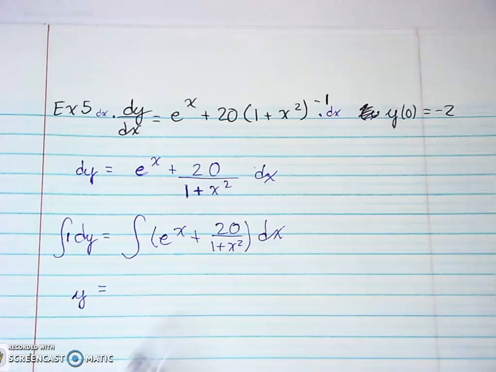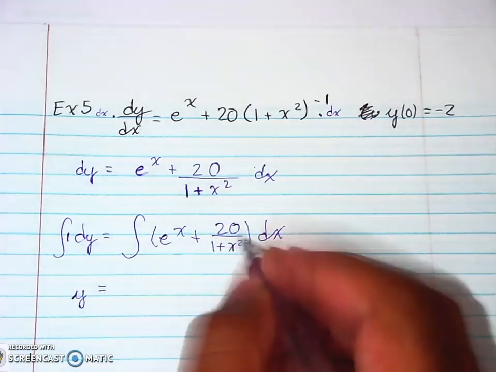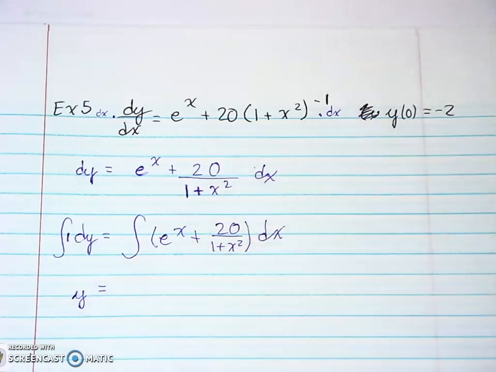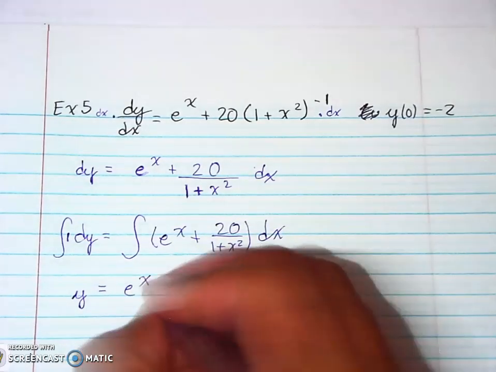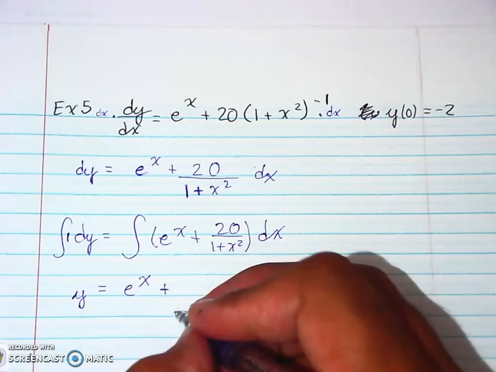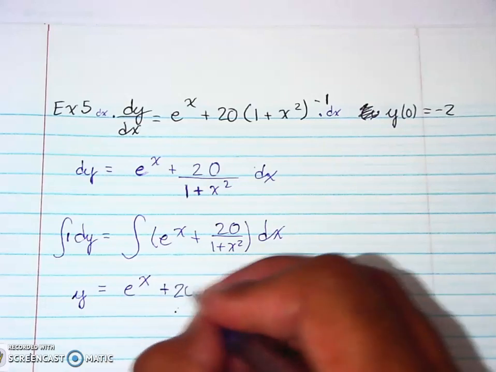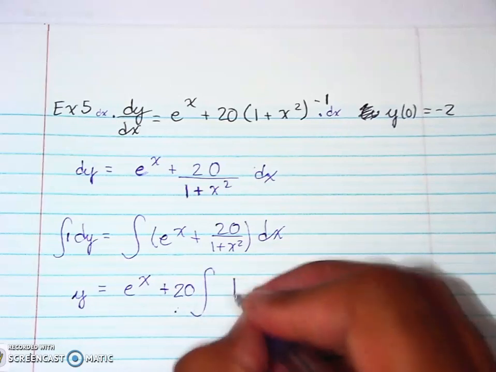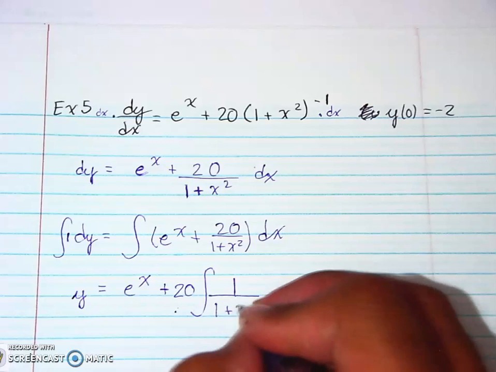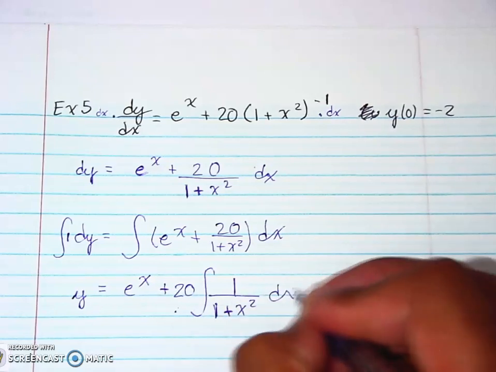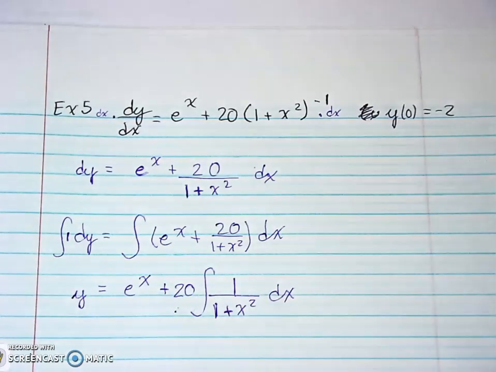All right, so we have this. We're going to integrate both of these. So the integral of e to the x is e to the x. Then for the second portion, I'm not going to actually work it out yet. I'm going to show you, this is the same thing as saying we're going to move that 20 in front and deal with just this. And this should hopefully remind you of something that we've had before.